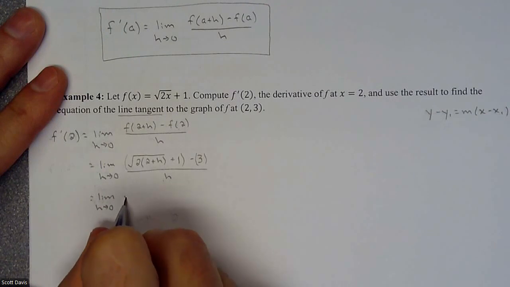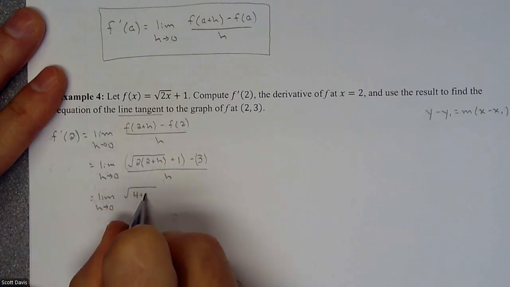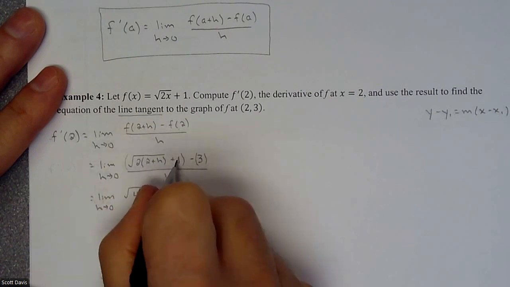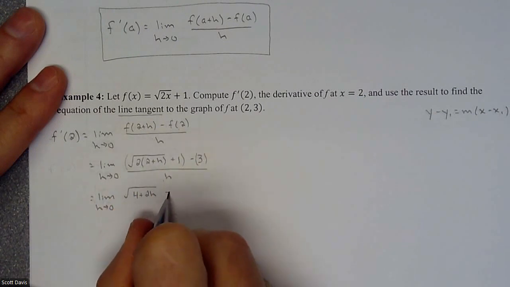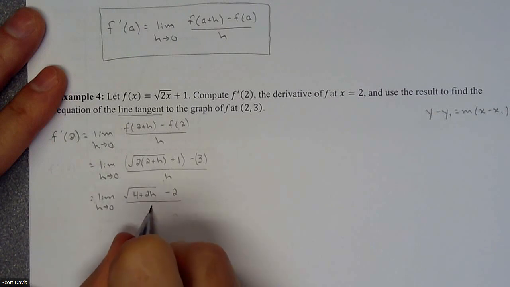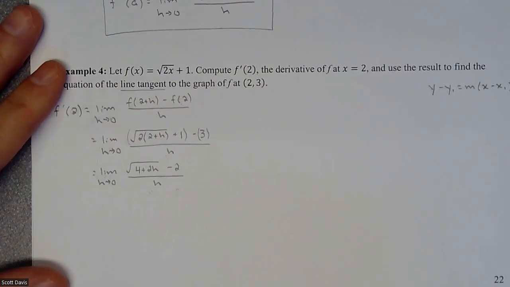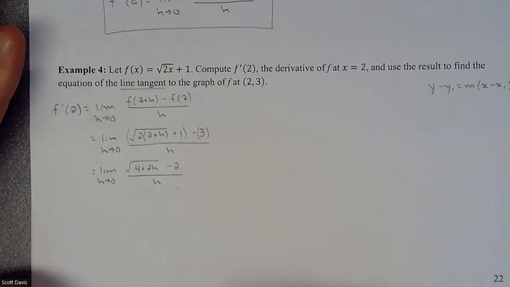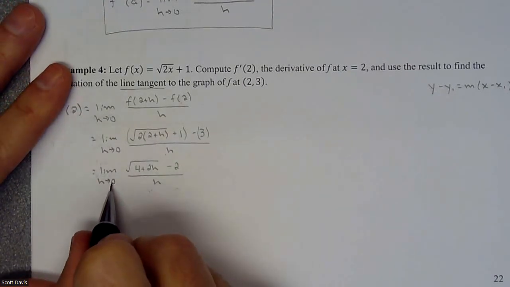In here, we have the square root of 4 plus 2h, plus 1, minus the 3, so minus 2 over h. All right, so here's where the problem is. It's not a problem, we have to fix it. So at this point, we would be plugging in 0.